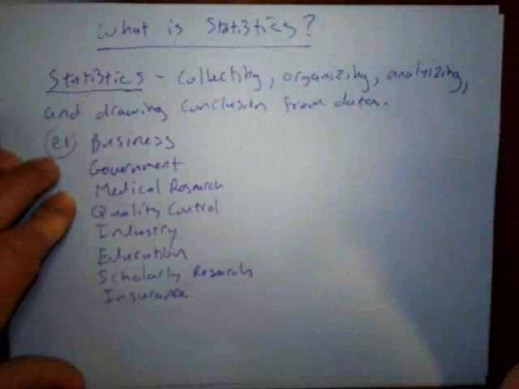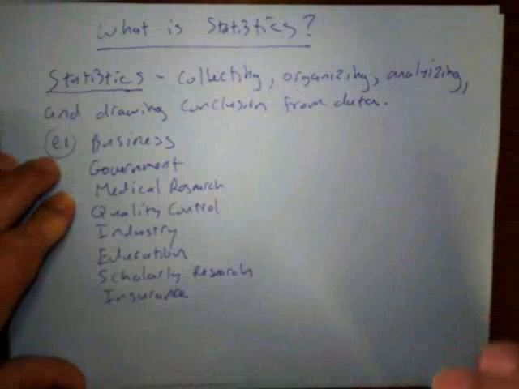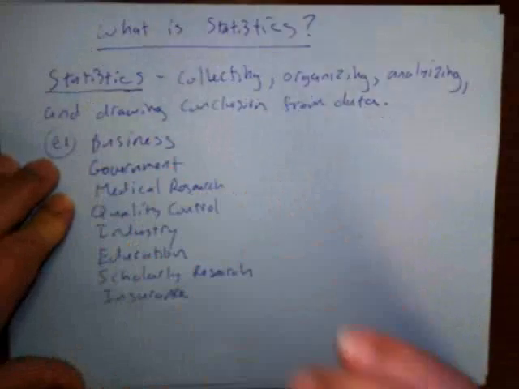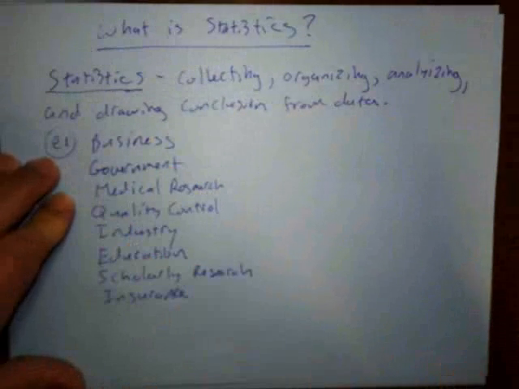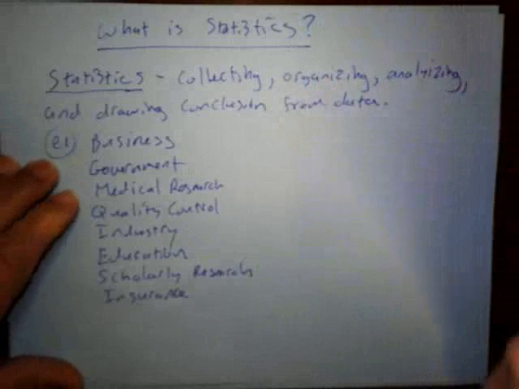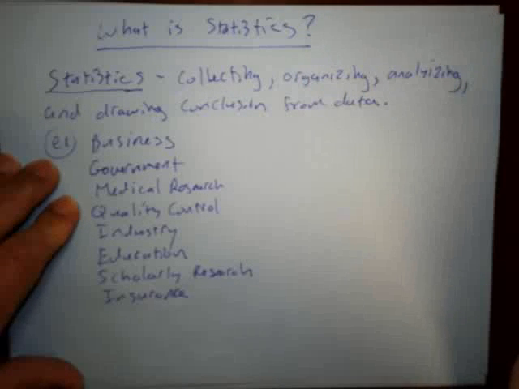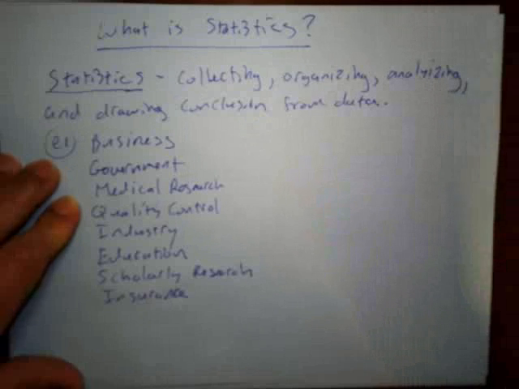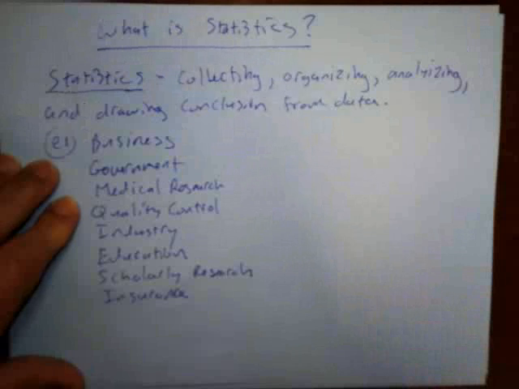And you can't trust anything. But the point is, statistics is a tool that if you know how to use it, can be a useful tool. But if people misuse it, then it can be a misleading tool.